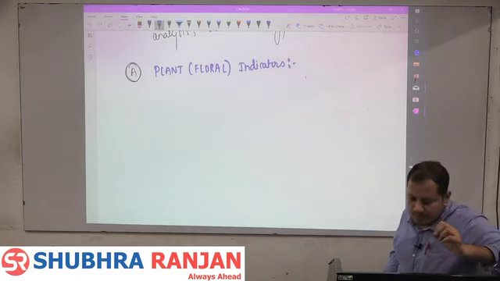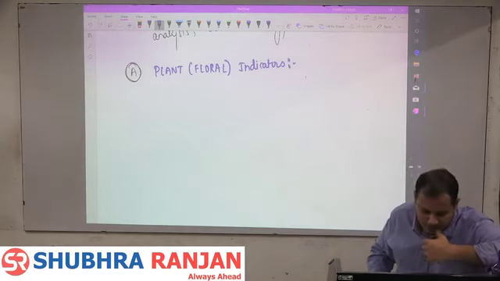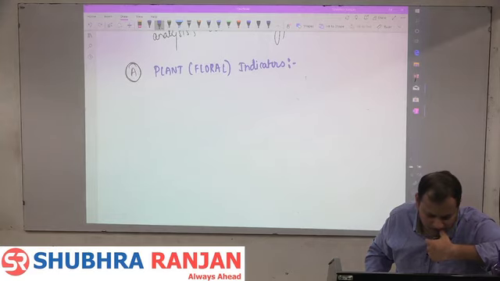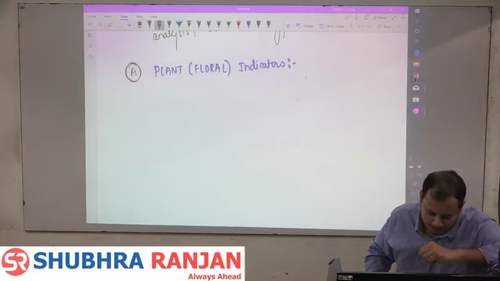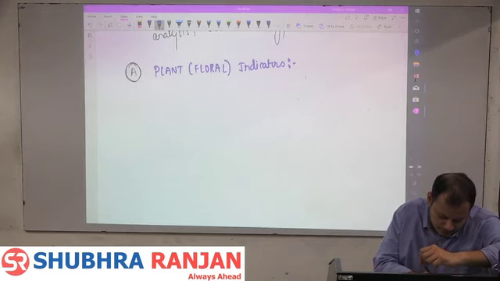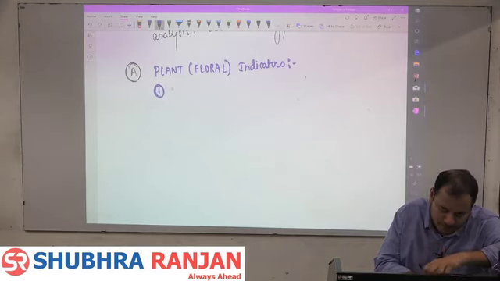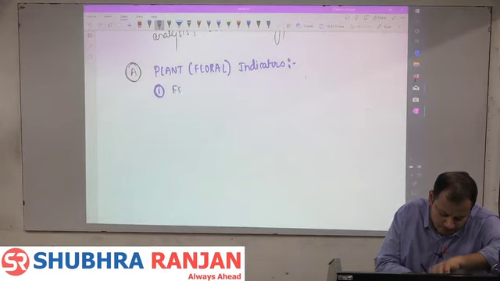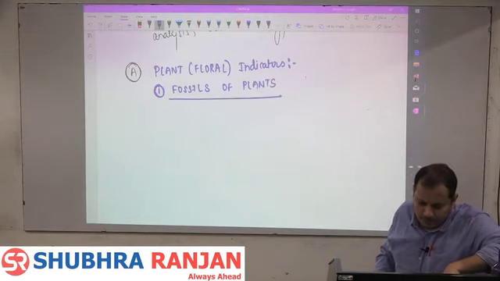First, plant or floral indicators. ए लिखो. इसमें fossils of plants.